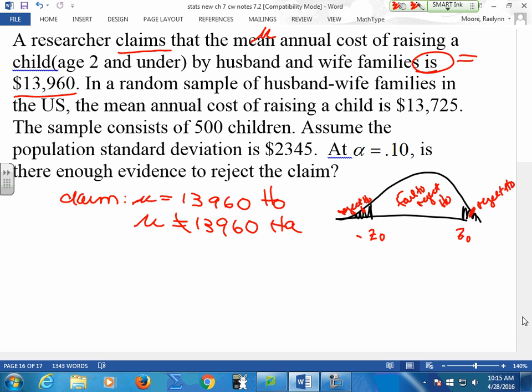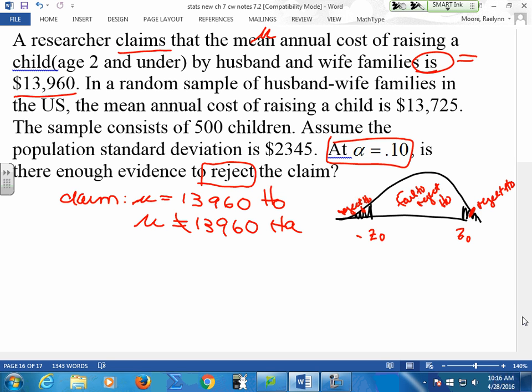We've got a level of significance of 0.10 to test this at. And again, it says, do we have enough evidence to reject the claim? The word reject is when our claim is H0. Is our claim H0? Yeah, so it kind of fits into play. So we pull out our sample information.